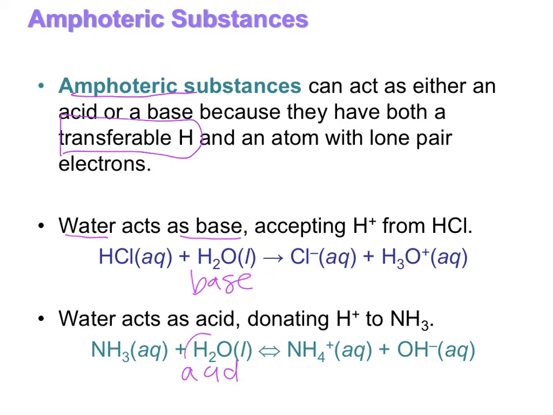So here it gave away one of those H's. And then here it accepted an H or a proton because it has a lone pair. So it has to have those two things. It can have a transferable H, meaning it can give an H away, a proton, and it can accept a proton because of a lone pair somewhere.